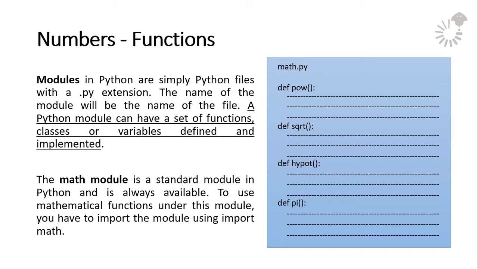So, example. What I have here, for example, is a program file. Ang pangalan ng file ko, Python file is math.py. We all know na extension file name ng mga Python files is .py.